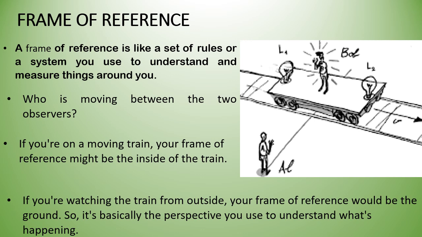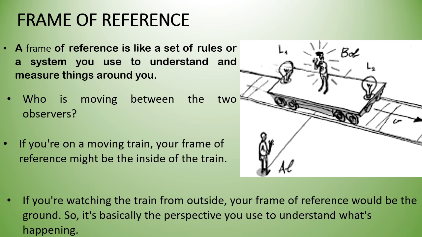You can see the line from R to the center of the truck. Between these two persons, we are asking the question, who is moving? Is it the truck that is moving? Or is it the person in the truck that is moving? Or is it the person on the ground that is moving? The answer depends on the frame of reference from which each observer is describing the motion.